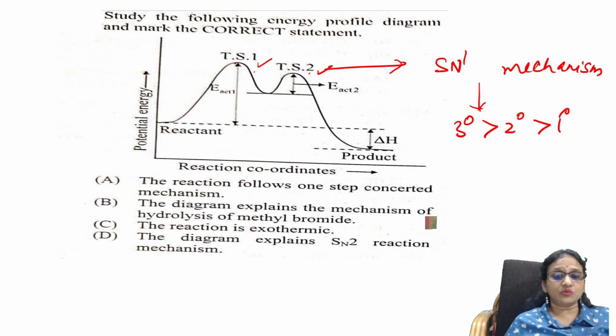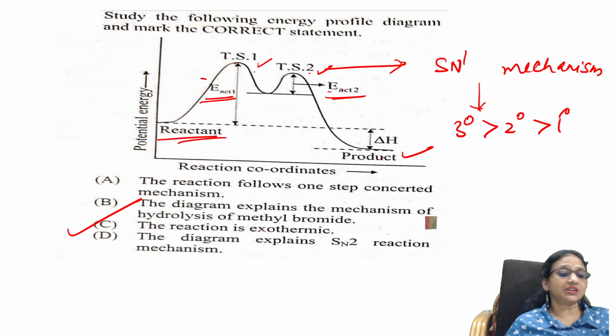Now, how do I know? Remember, students, whenever you have two activation energy barriers, activation energy 1 and activation energy 2, the reactions are highly exothermic, because a lot of energy is required to cross the energy barrier and form product. See here, the product is below the reactant, that's why it is an exothermic reaction.